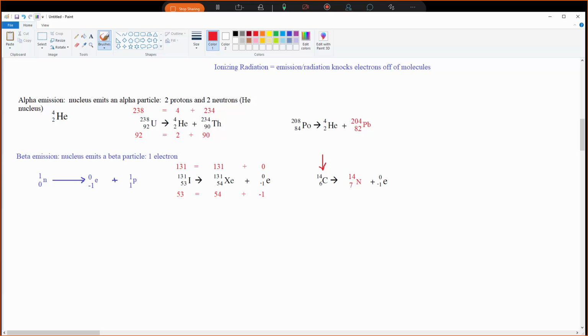So it's an interesting thing. Okay, that's beta emission. Any questions on beta? Okay, so the last thing we've got here for today is positron emission, and then we're going to do a couple examples, okay?